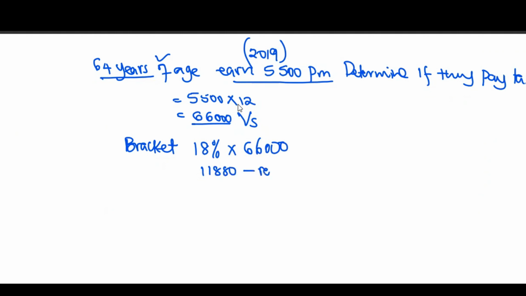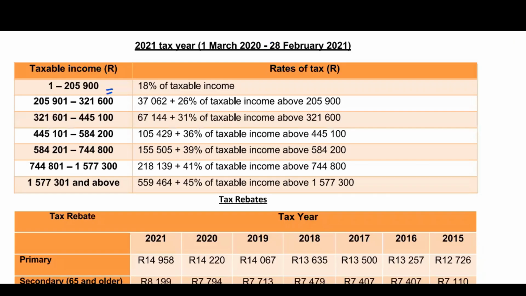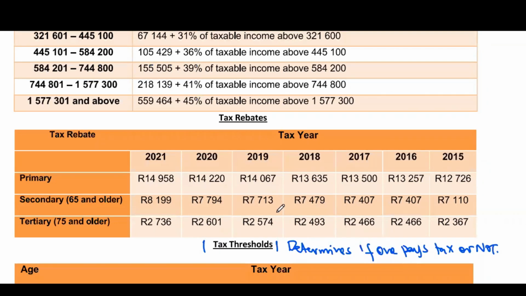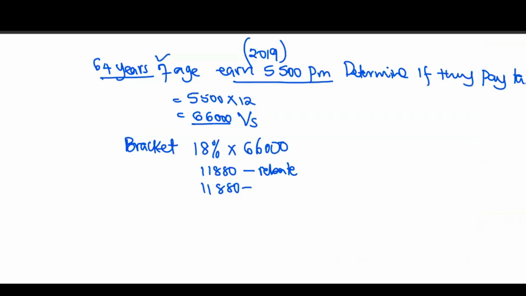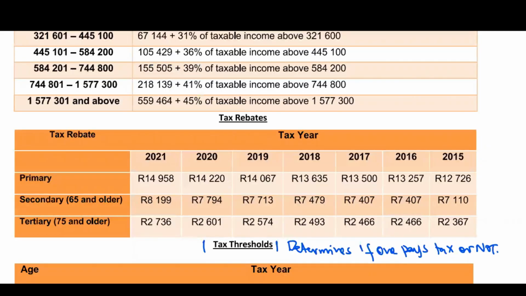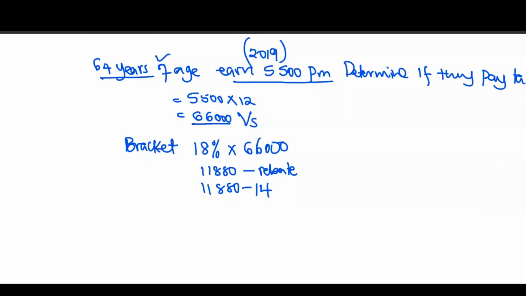Then we subtract the rebate. Remember, the person is 64 years of age. The rebate is now here, 2019. The rebate is 14,000, 14,069 rands.